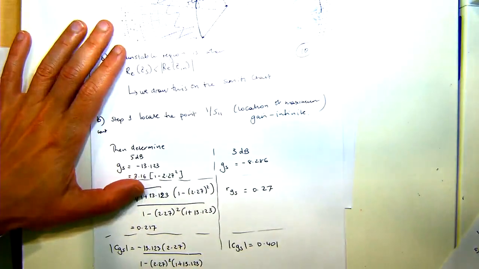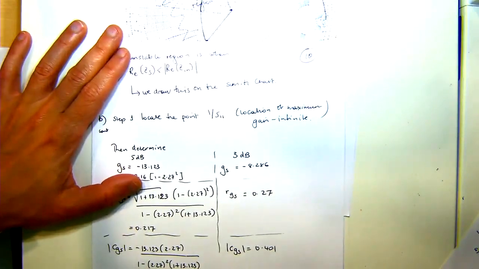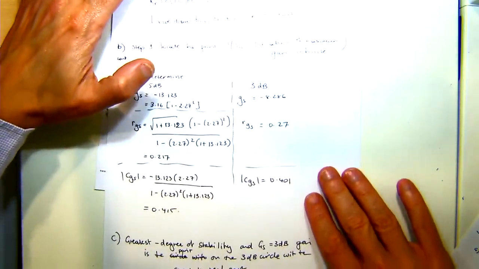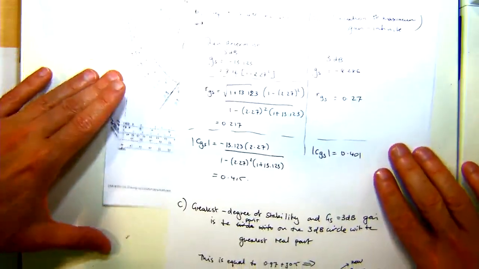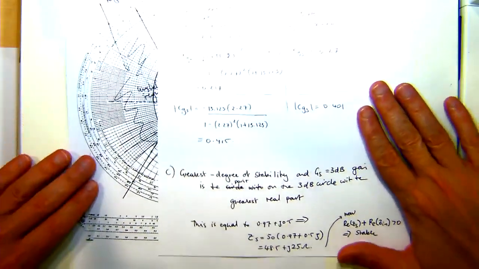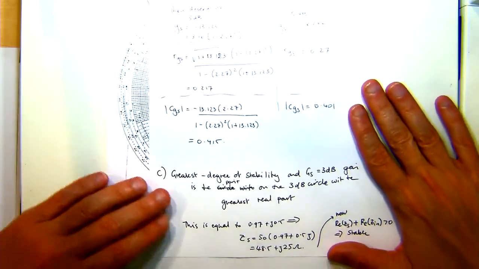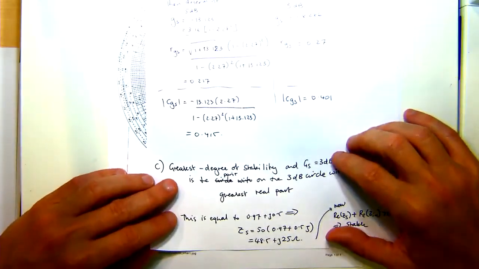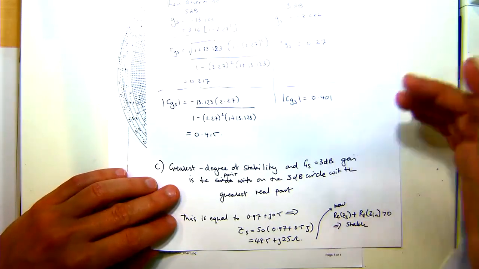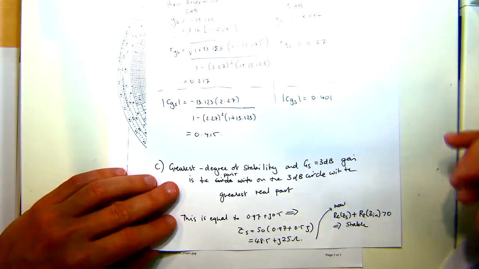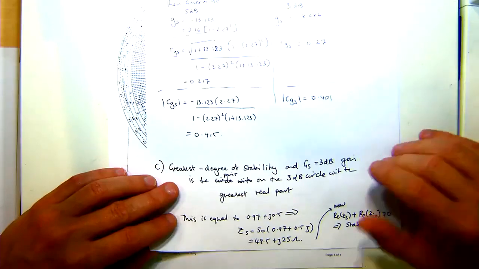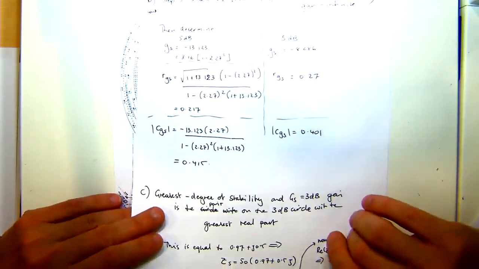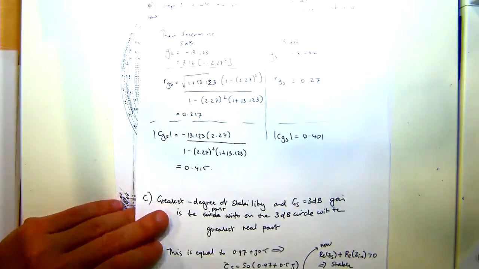Now, the next thing, which may not be entirely obvious, so that's why I put it as a question. If I asked you to tell me, on the 3 dB gain circle, where is the point that is the most stable? How would you define that, or how would you determine that?